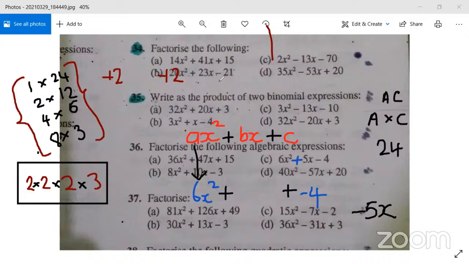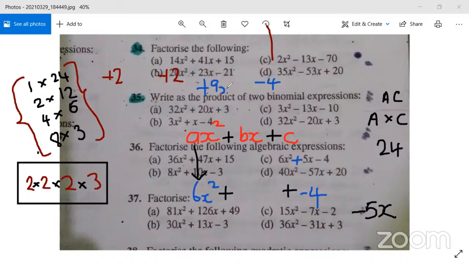So for example, if you had 9 and 4, you would have a positive 9 and a negative 4, resulting in this positive 5, right? Just by example, so that you understand what would happen here.